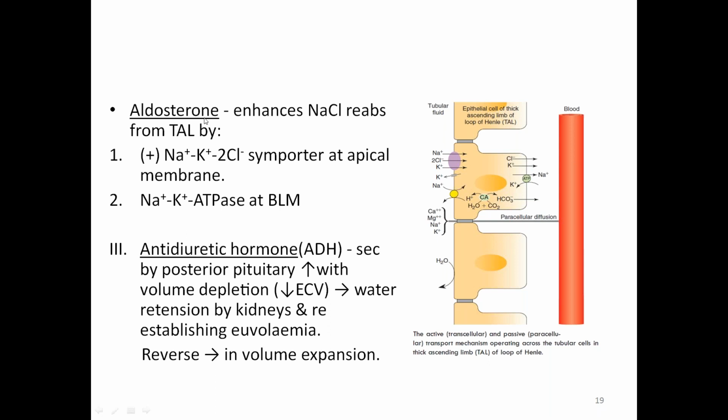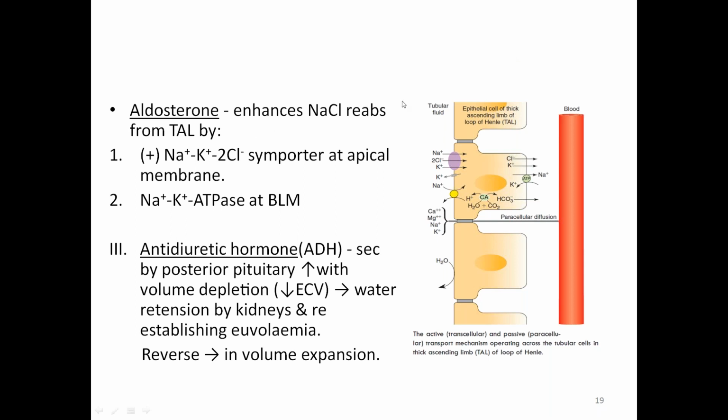Aldosterone also enhances sodium chloride reabsorption from the thick ascending limb of loop of Henle. And how does it do that? By two mechanisms. Now, this is a diagram that we had gone through earlier in Unit 2, which I'm reiterating again here.